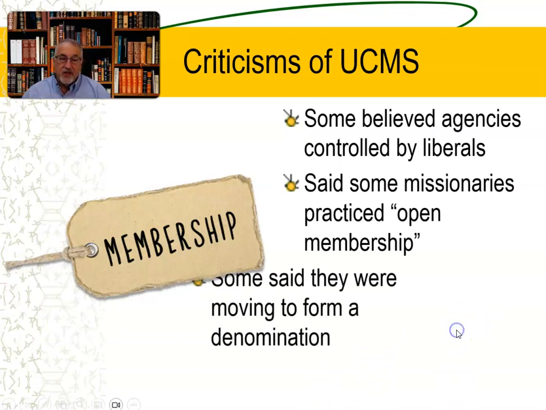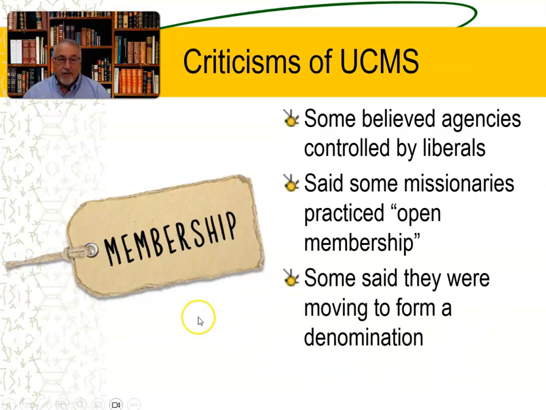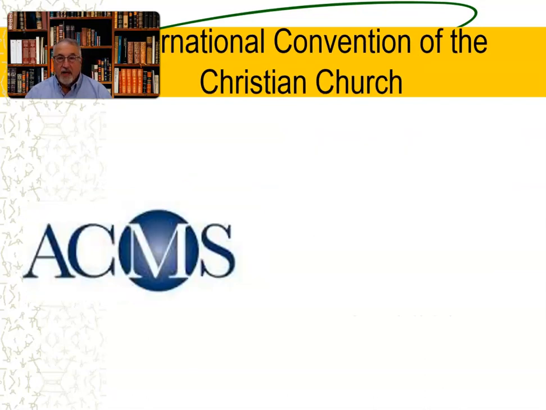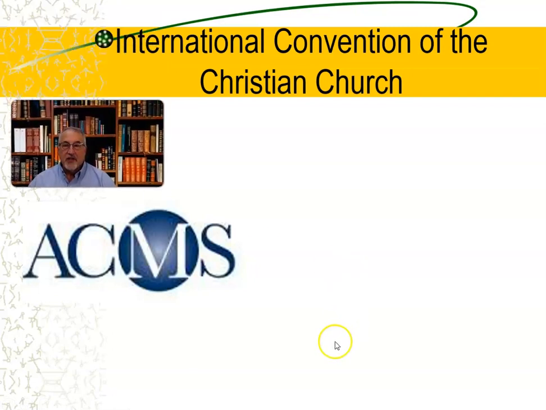Some say that this was a precursor to starting a denomination. And of course, those were fighting words for many because we've been fiercely independent. Now, eventually, this will lead to what is called the International Convention of Christian Churches.